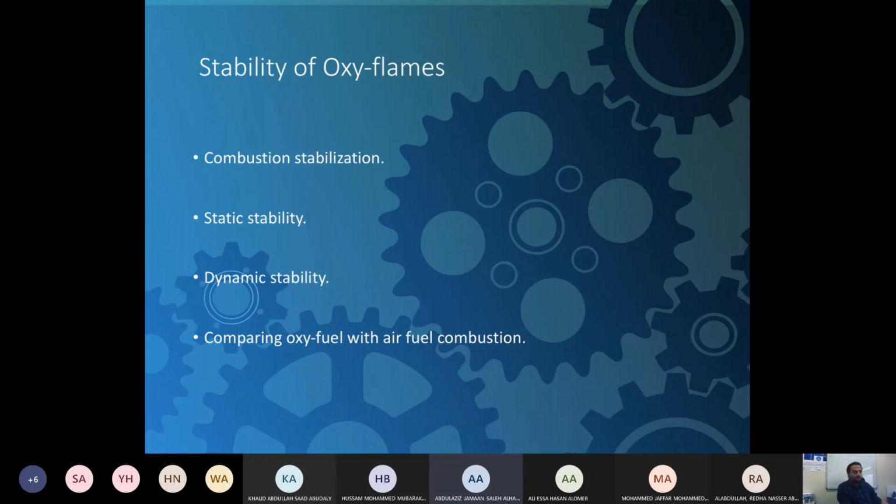Combustion stability is divided into two categories: static stability and dynamic stability. The static stability of flames is defined by their blowout and flashback extinction limits, as these flames remain stable in between these two extremes.